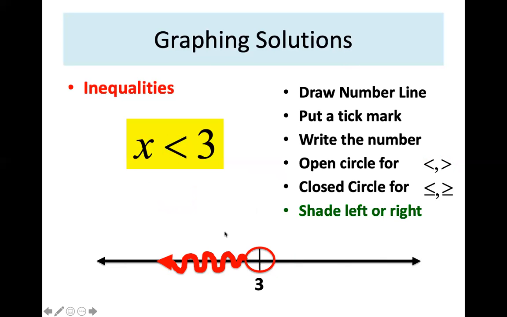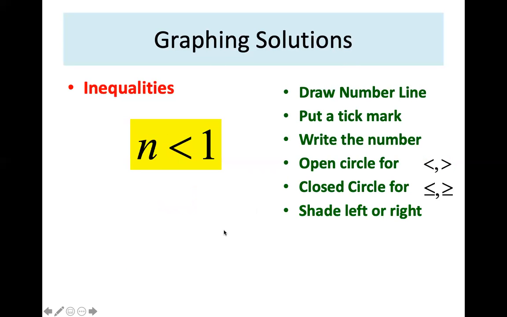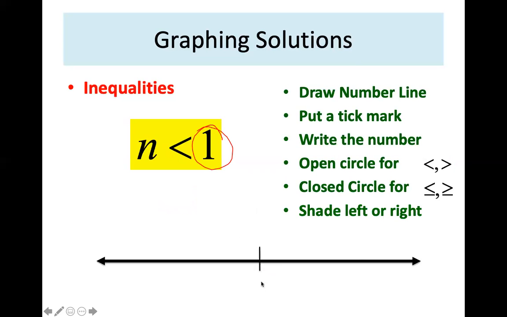All right, let's do some more examples. All right, here's another one. Okay, so the steps say draw a number line. All right, there's a number line. Put a tick mark in the middle. Write the number. Well, remember the number is always right here. So that number will go right smack underneath the tick mark, whether it's negative or whether it's positive. Okay, we're going to put an open or closed circle based upon whether it looks like any one of these 4 right here.